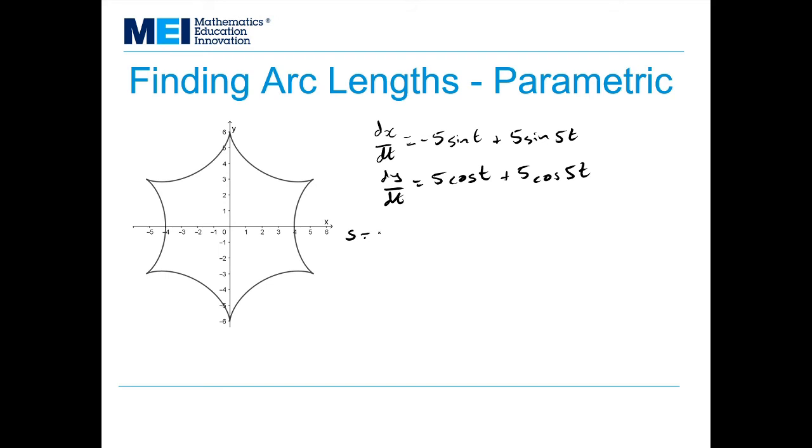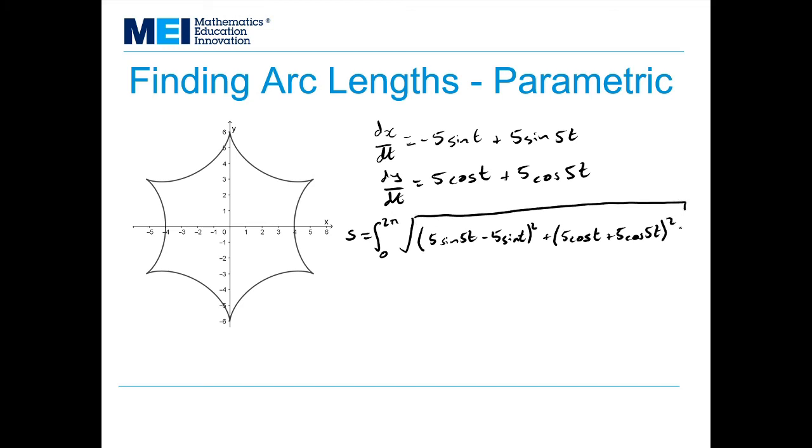So s equals the integral from 0 to 2 pi of the square root of, and then dx by dt squared, 5 sine 5t minus 5 sine t all squared, plus 5 cos t plus 5 cos 5t squared, and that's all inside my square root, and my integral is with respect to t, and then I can just write down from my computer algebra system that the answer was 40.